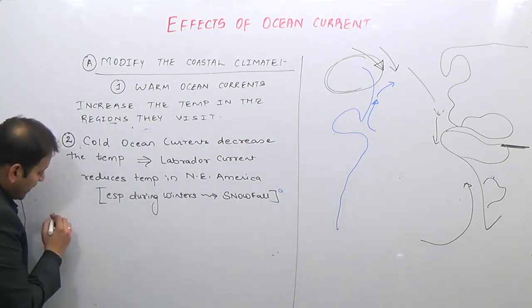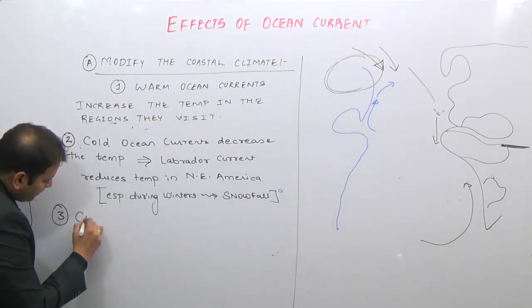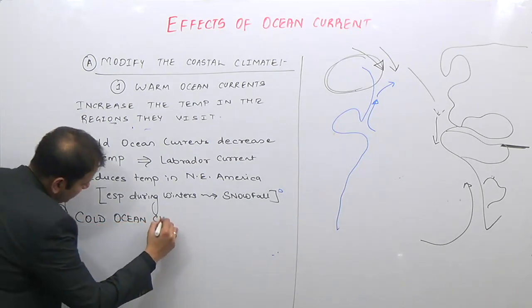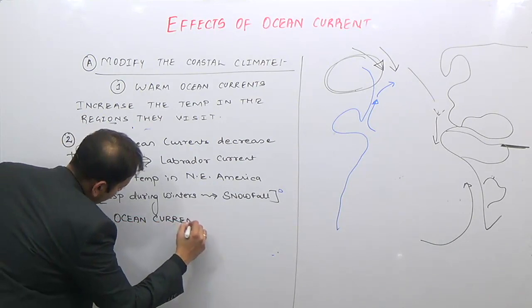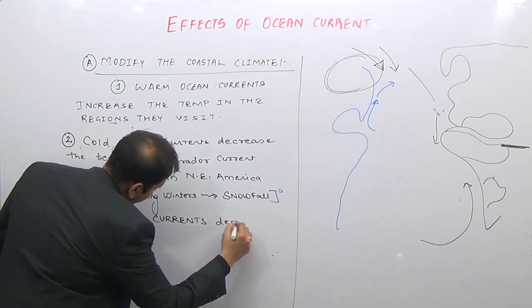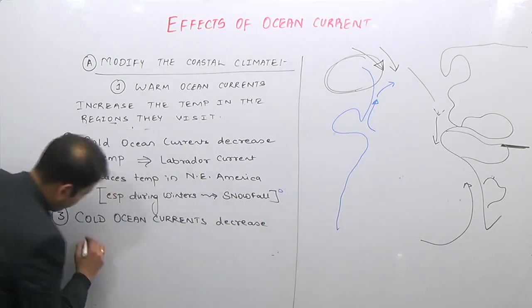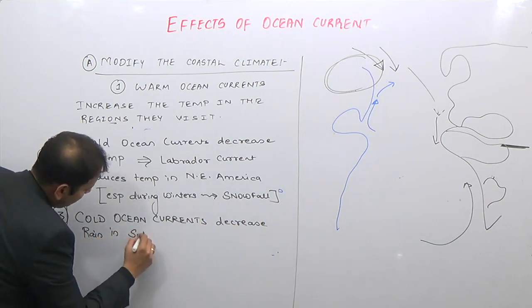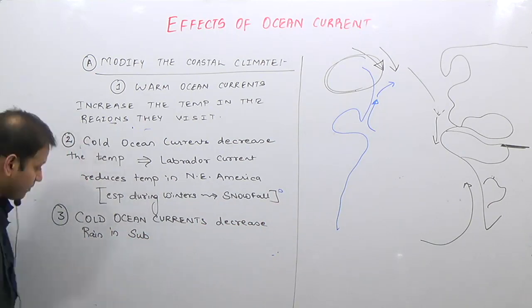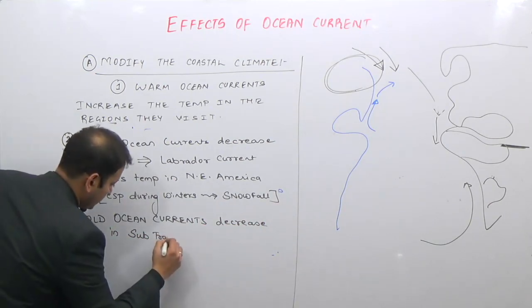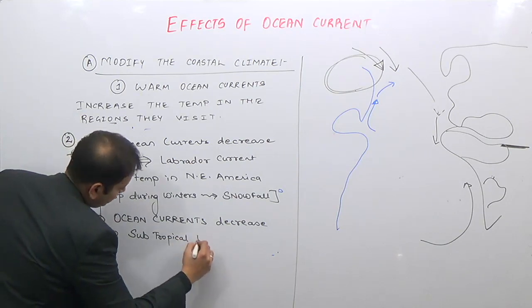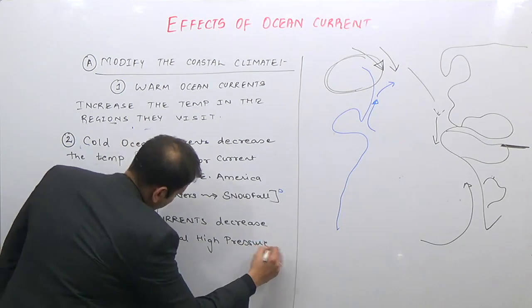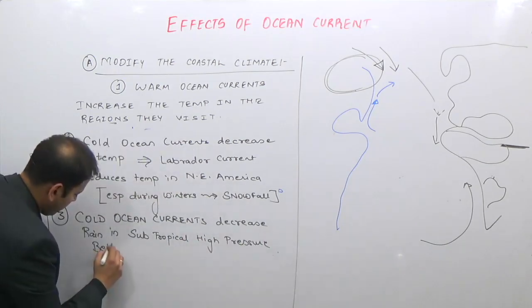So write here: cold ocean currents decrease the rainfall in the subtropical high pressure belt.